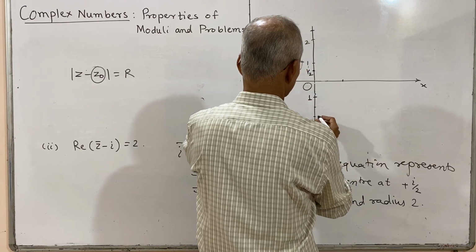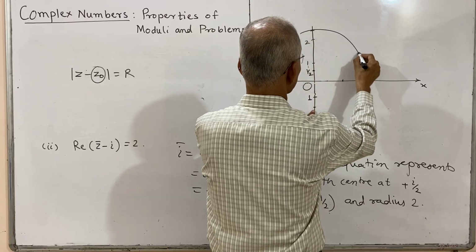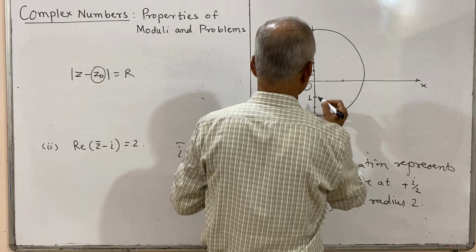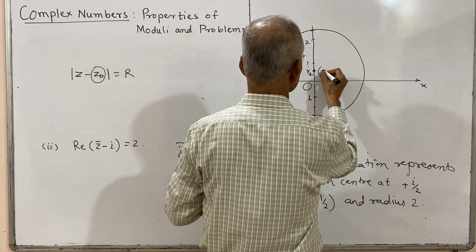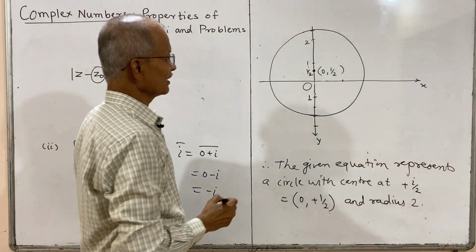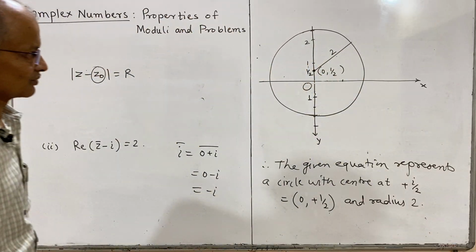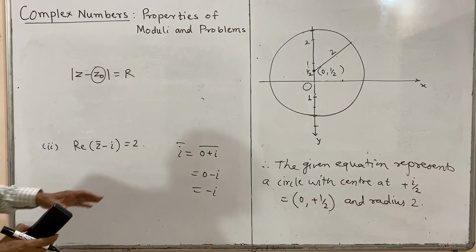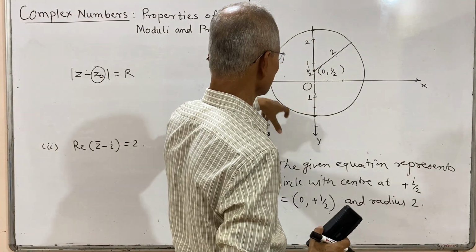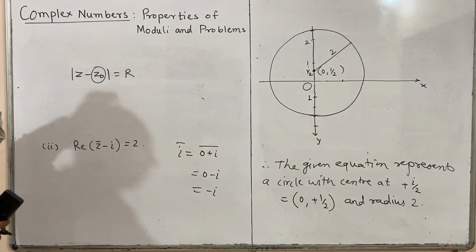So it will represent a circle with center at this point, 0, half, and radius 2. So this is the sketch for the equation. It is a circle. No interior point will be there, but the points on this circle will be represented by the first equation that we have seen.